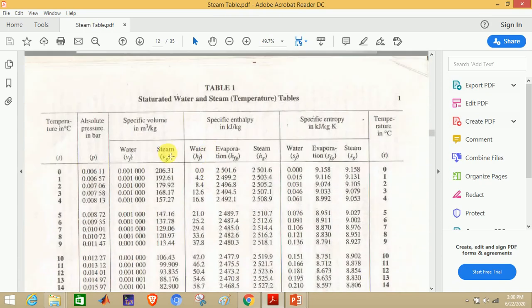Now if you see, the saturated water and steam table is given. Suppose at saturated 1 degree Celsius, I want to find out its hf.